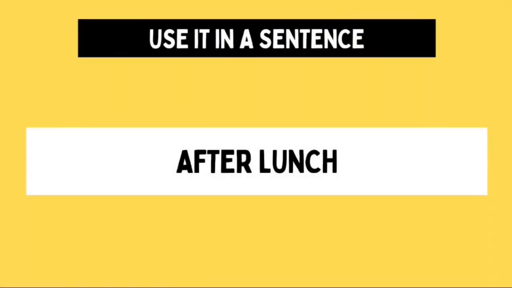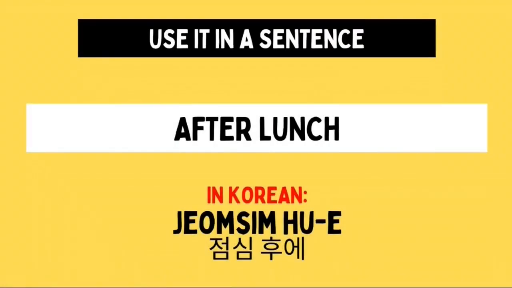Now let's try to look into this example phrase. It says, after lunch. The Korean translation of this is 점심 후에. And this is the same phrase mentioned at the beginning of this video. Again, 점심 후에.